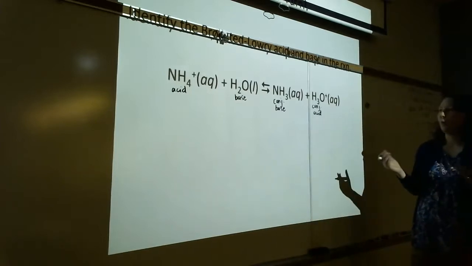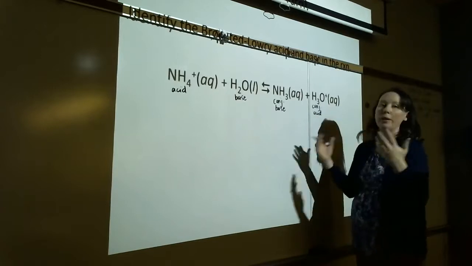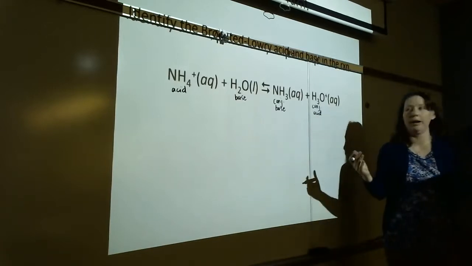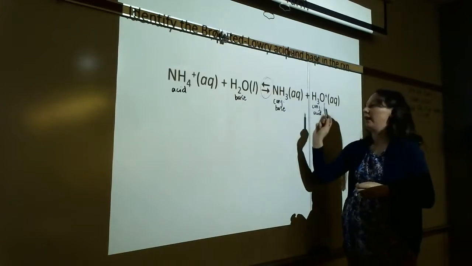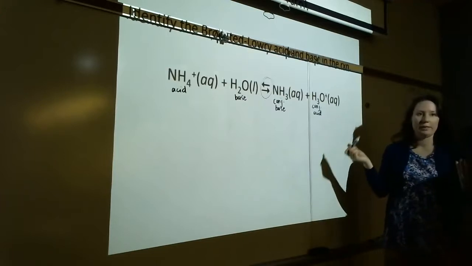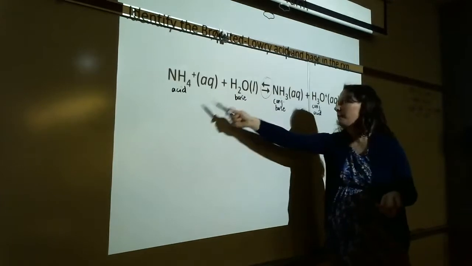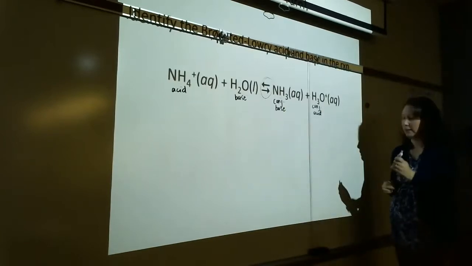Right? So if you're going left to right or right to left, you always have an acid and you always have a base, right? Because this is reversible, we need to have an acid and a base on the left, we need to have an acid and a base on the right. Okay, so that no matter which way you're going, you still have an acid and a base. If you're an acid on one side, you're a conjugate base on the other. If you're a base on one side, you're a conjugate acid on the other.